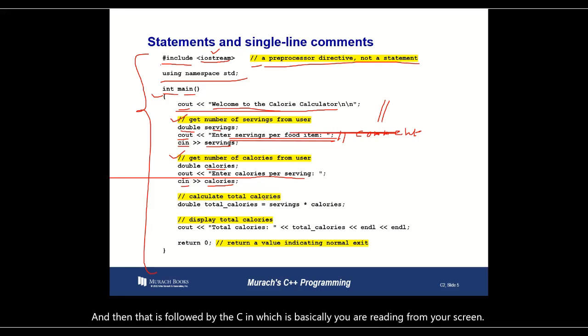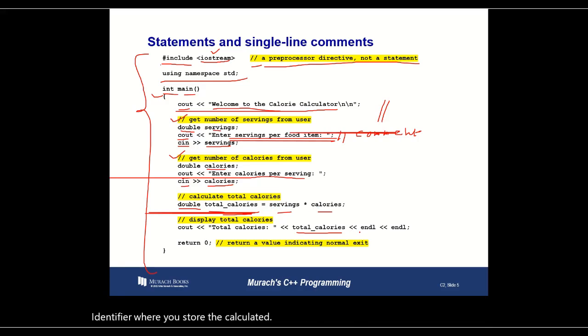Then you calculate the total calories: you write double total calories equals servings times calories, and then you cout total calories equals total calories. That's the identifier where you store the calculated value of servings times calories, and then you write the endl.